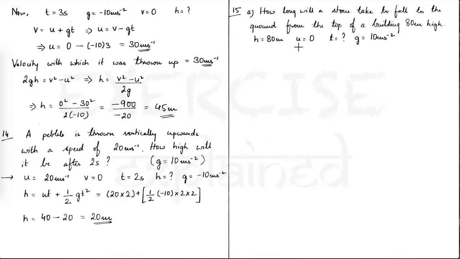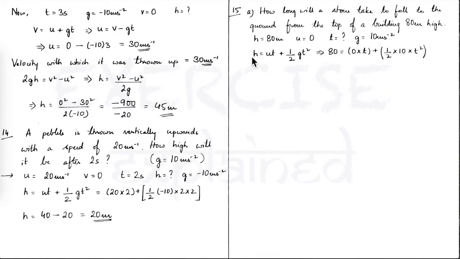Since it is dropped from the top of a building, initial velocity will be 0. Time we need to find because they have asked how long will the stone take to fall. So t will be question mark. Acceleration due to gravity will be plus 10 since it is falling down. Whenever a body is falling down, acceleration due to gravity is plus 10.